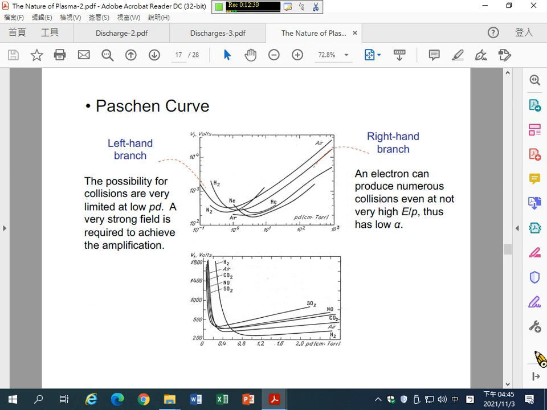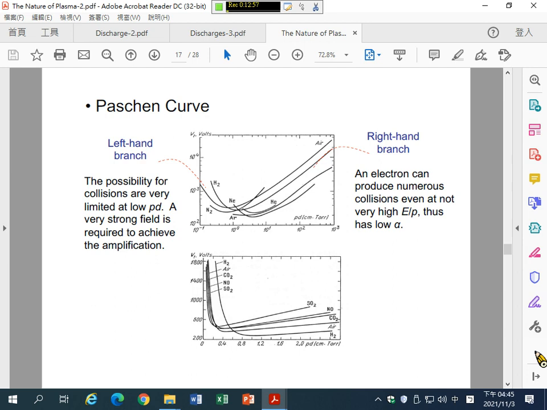Electrons need to gain energy from the electrical field, and when they travel for a longer time, they can gain more energy.